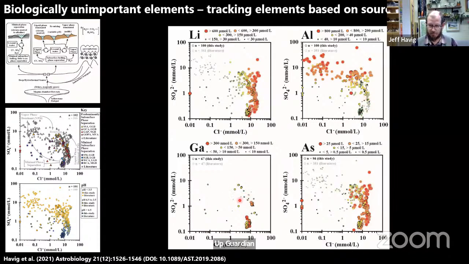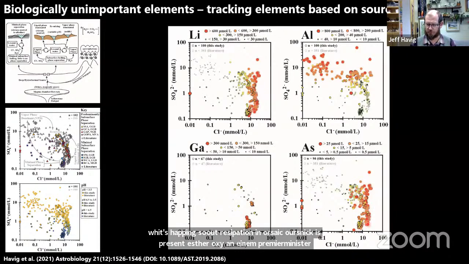Gallium, we don't have as many data points, but gallium seems to follow with the deep source. And this is one that's interesting in terms of trying to follow what's happening with silica precipitation. And arsenic is present as an oxyanion primarily. And so it is relatively high in the deep source, gets concentrated with the boiling in the residual liquid phase.